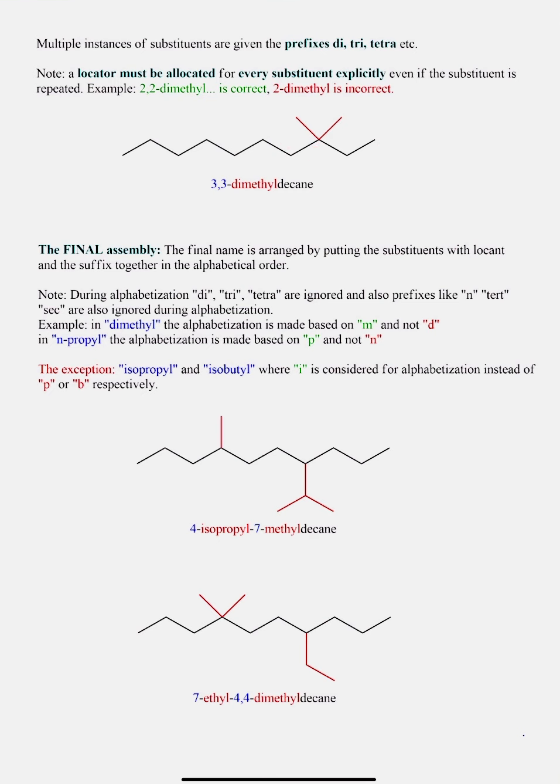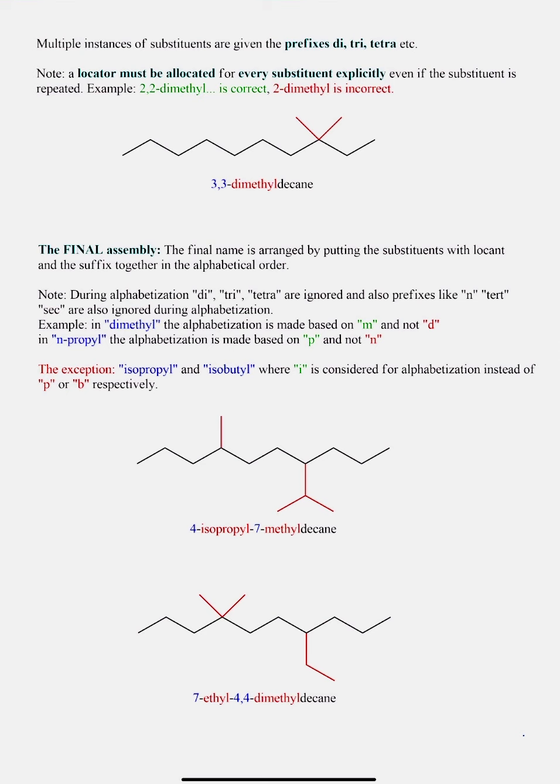So it's 10 carbons, that's why it's decane, and there are 2 methyl groups, that's why I write dimethyl, and I need to mention the locant twice. That means, for example, if you have a methyl group attached on the second carbon twice, the correct way of naming is 2,2-dimethyl, not 2-dimethyl. That's one thing that you need to keep in mind.